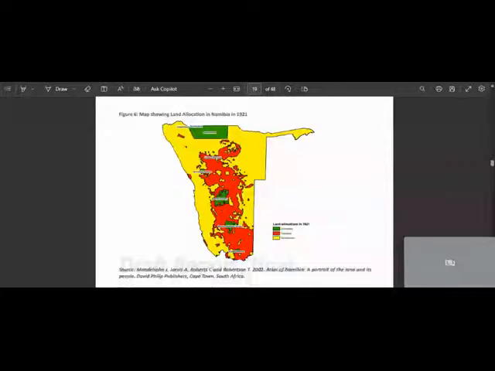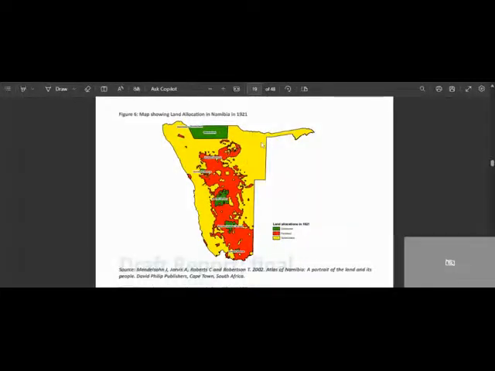They killed the Damara, the Namas, the Hereros. They took over the land, as you can see. Now they start calling the green part the reserve and the red part the farmland. And this is when they started the government, they started bringing in the system and stuff like that.